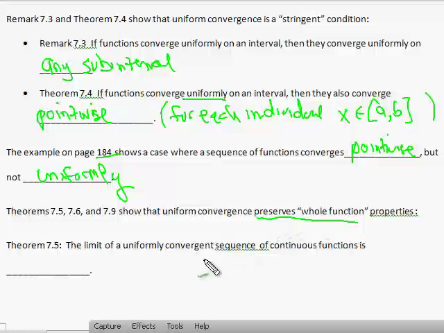Okay, so theorem 7.5 says the limit of a uniformly convergent sequence of continuous functions will also be continuous. In other words, what I could call the whole function property of continuity is preserved under uniform convergence. I don't need to worry about my limiting function going crazy as long as the functions in my sequence are continuous.